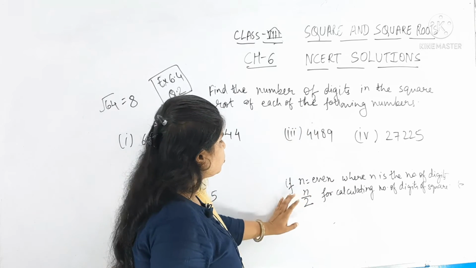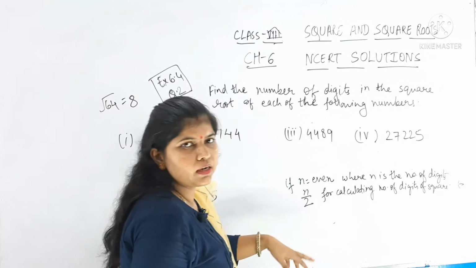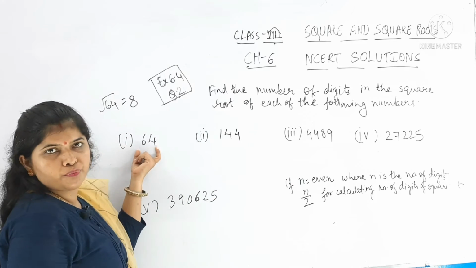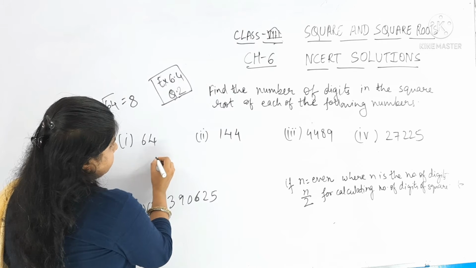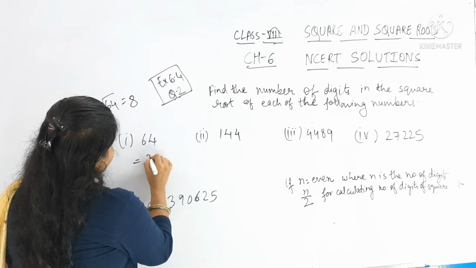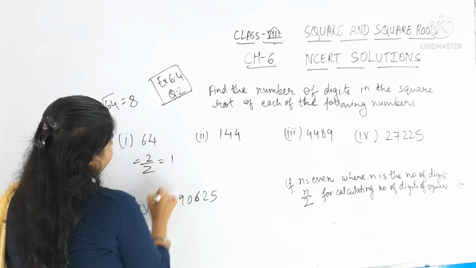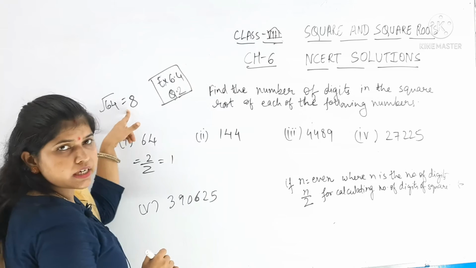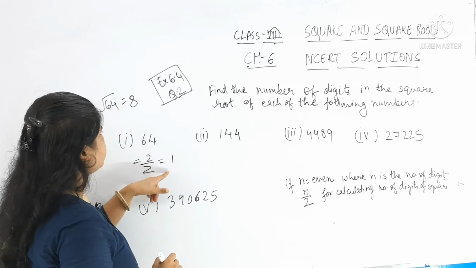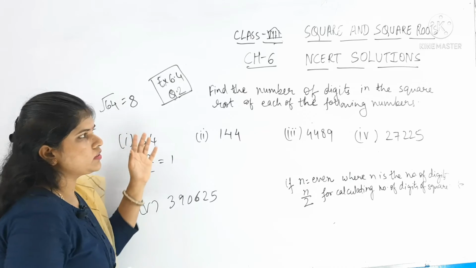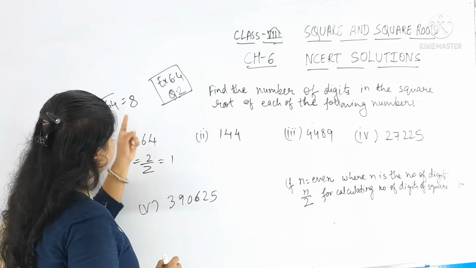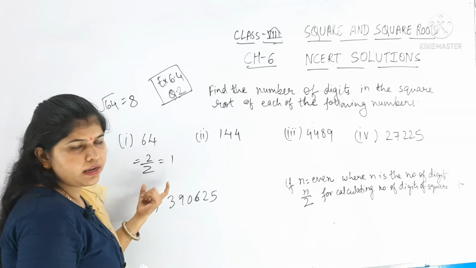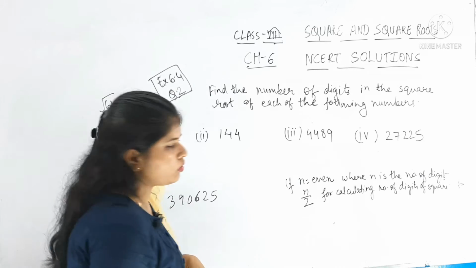If n is even, here the number of digits is 2, so 2 by 2 is 1. So here it is a single digit. That is what the question asks: how many digits the square root has. Here it is 8, a single digit, without any calculation.